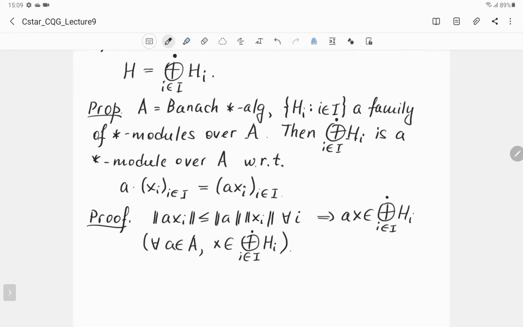And more or less that's all. The remaining part of the proof is automatic. The axioms of star modules are readily verified.